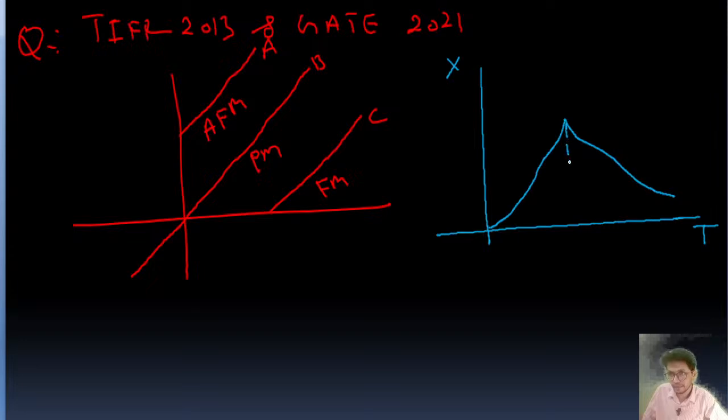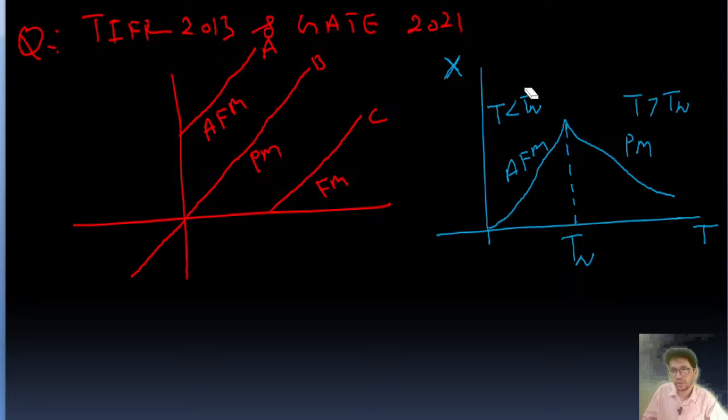This is the Néel temperature Tn, this is chi, magnetic susceptibility, and this is temperature. We have to identify this graph. This graph is for antiferromagnetic material, AFM, and this graph is for paramagnetic material. Here T is less than Tn, obviously, and here T is greater than Tn, the Néel temperature. This is also important.